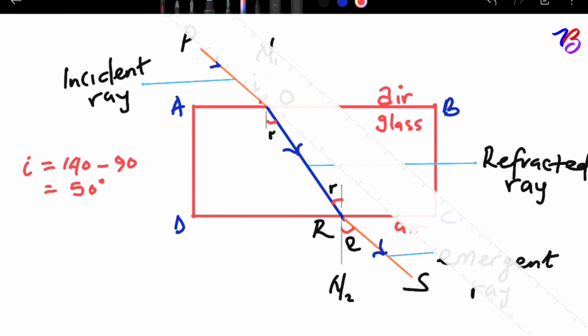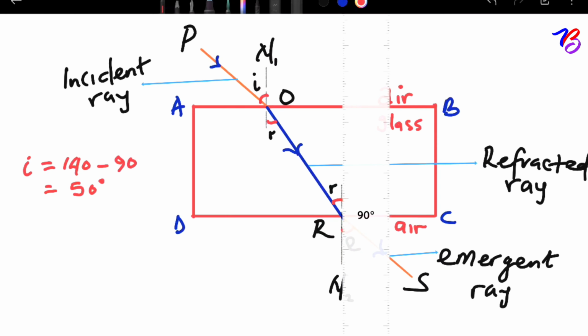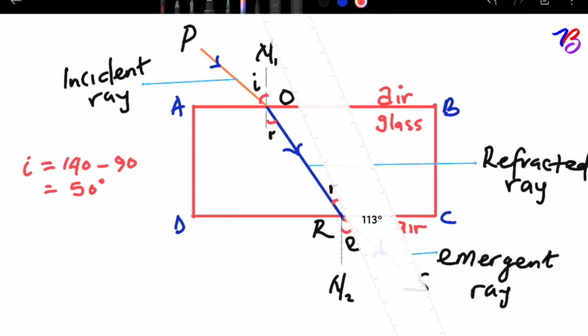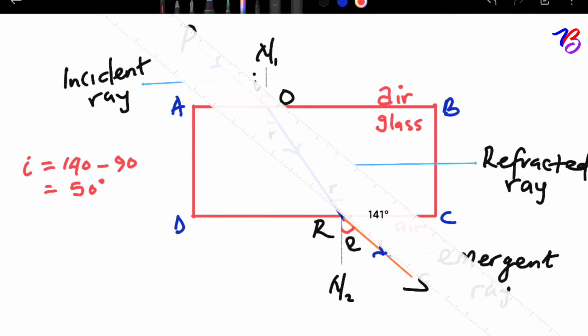So the I is 50 degrees. Take note of that. Then we'll do the same thing for the emergent angle, the E there. So you see from 90, we're also having about 140. Hence, our E is equal to 140 negative 90. So that our E will equal 50 degrees.